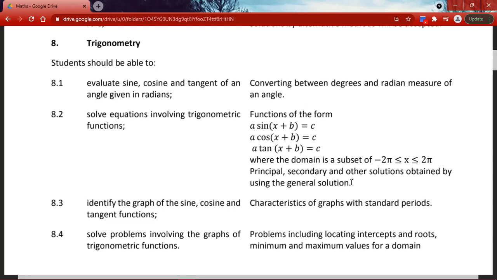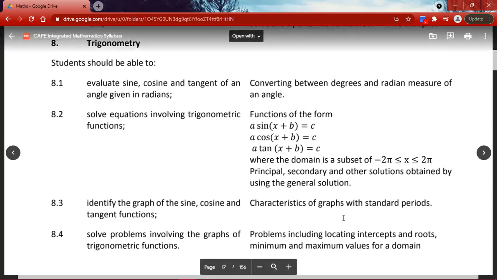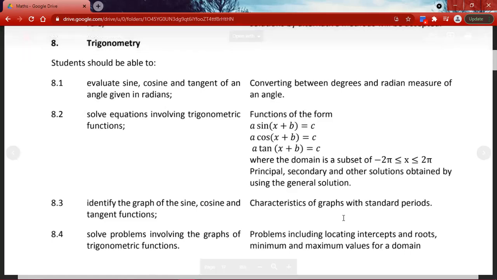Please note that you're not required to find the general solution, because if you were, they would have said so in the syllabus. But they want you to use the general solution to find the principal solution, secondary solution, and other solutions. So that is the aspect of trigonometry that we're going to focus on today.